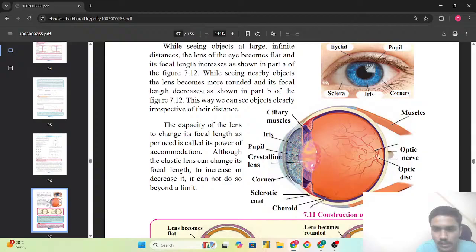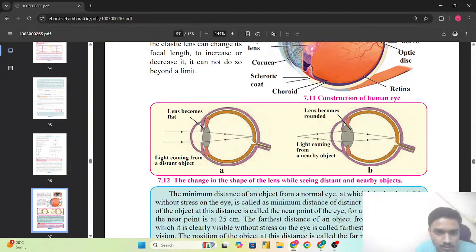In figure 7.12 we can see light coming from the distant object.